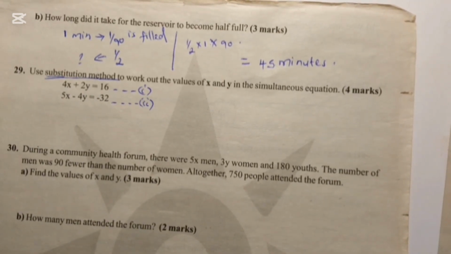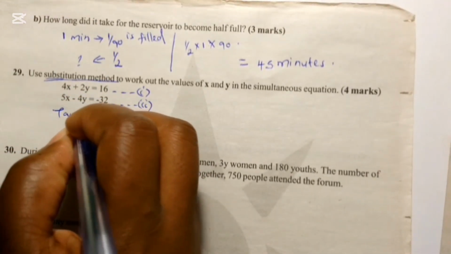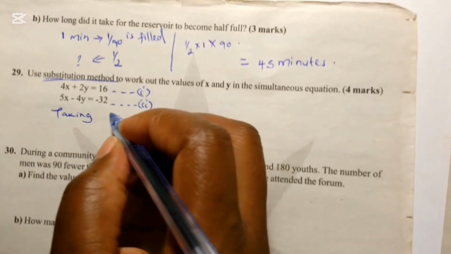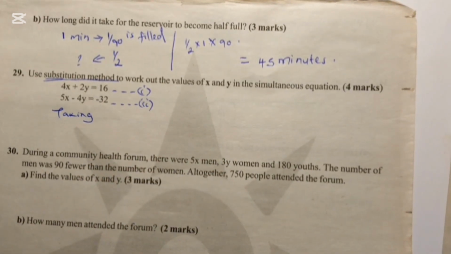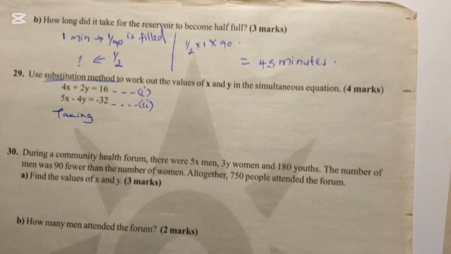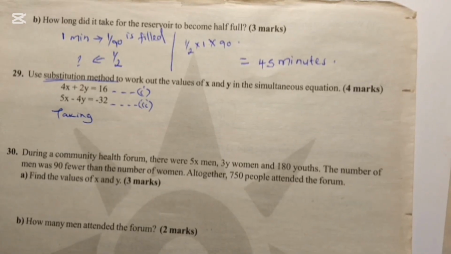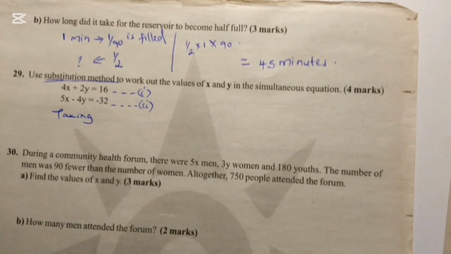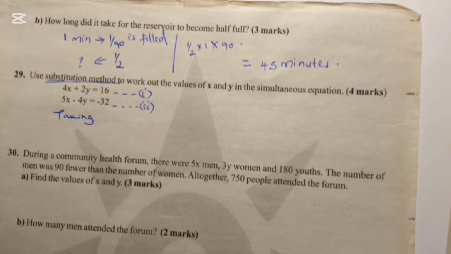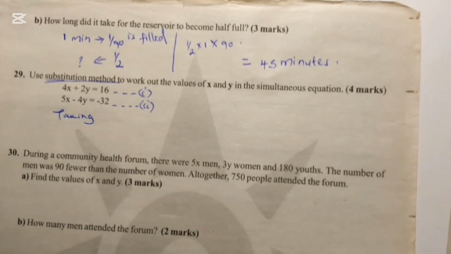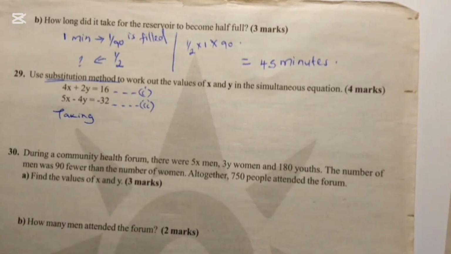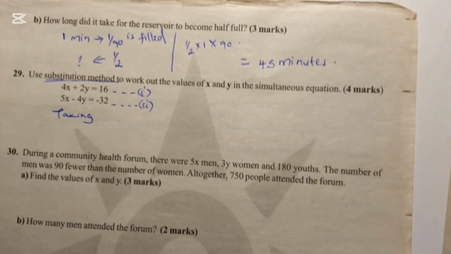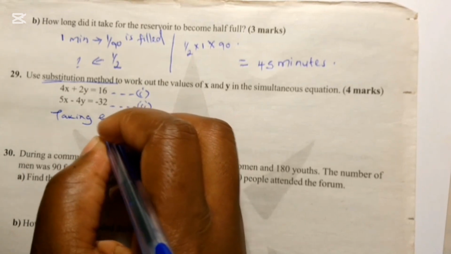So taking equation 1, before that, you can also choose the easiest equation, where, after looking at the variables, the coefficients of the unknowns can cancel each other, and then you can remain with a simpler equation.